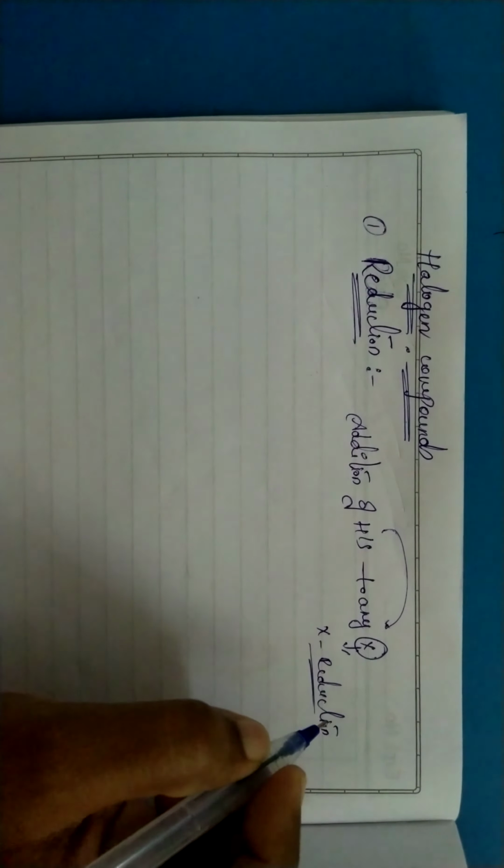Let's take an example. I am taking C2H5Cl, that is ethyl chloride. When ethyl chloride reacts with nascent hydrogens in the presence of a reducing agent, we'll discuss what reducing agents we have. Two hydrogens are there. One hydrogen reacts with the Cl and converts into HCl, and the other hydrogen replaces the Cl.